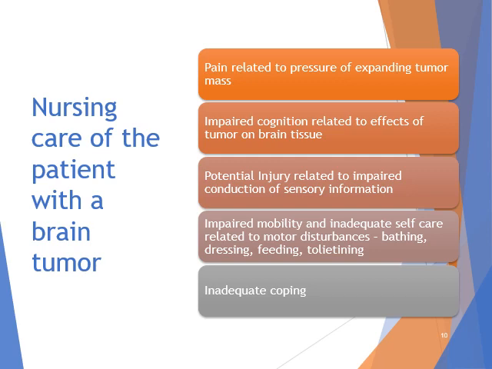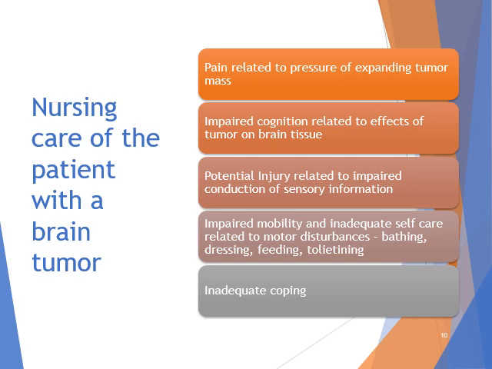Pain related to the pressure of expanding tumor mass, that headache. Impaired cognition related to the effects of the tumor on the brain tissue. If it's in the area of remembering or speaking, it could affect that if it's in that area of your brain. Remember we talked about the Broca area.